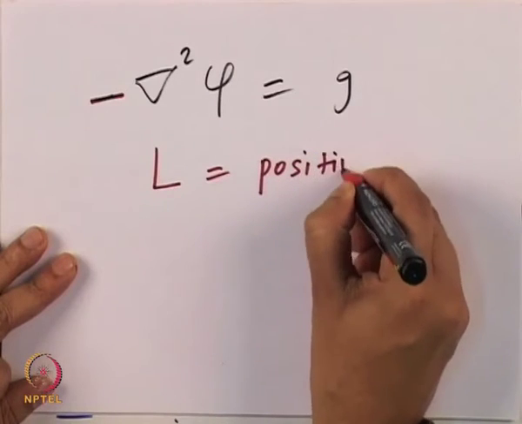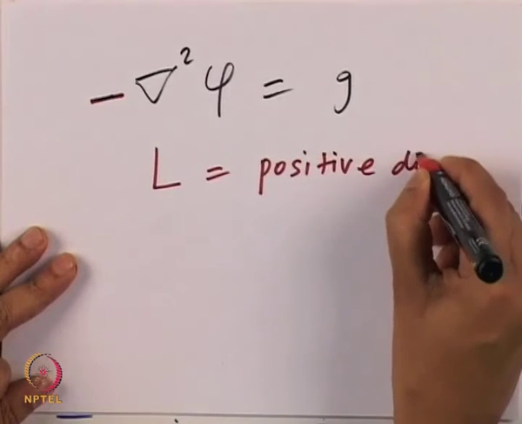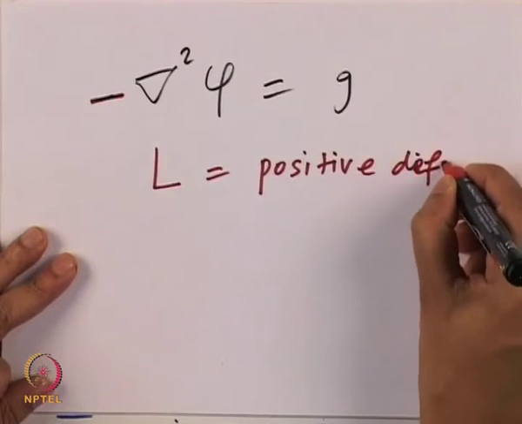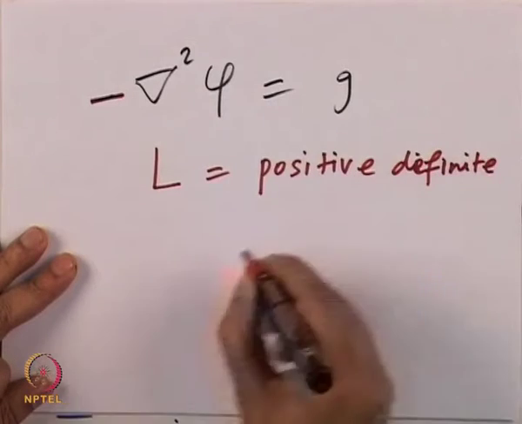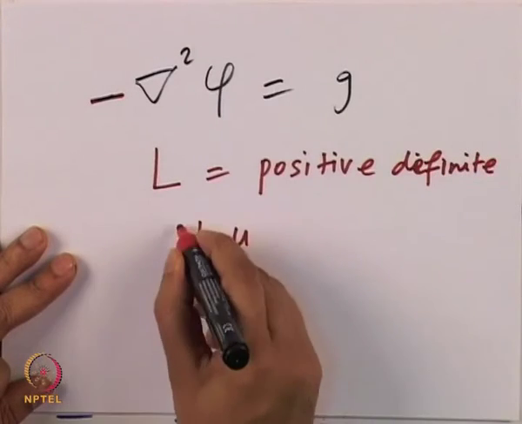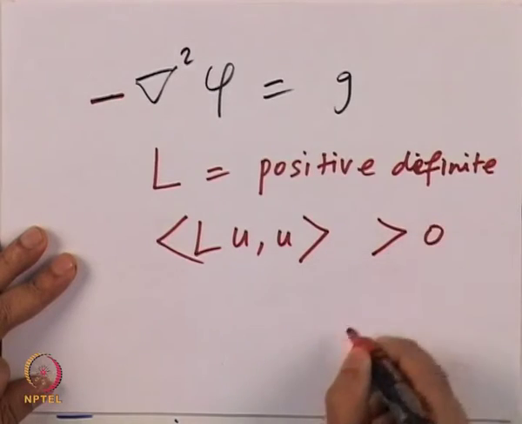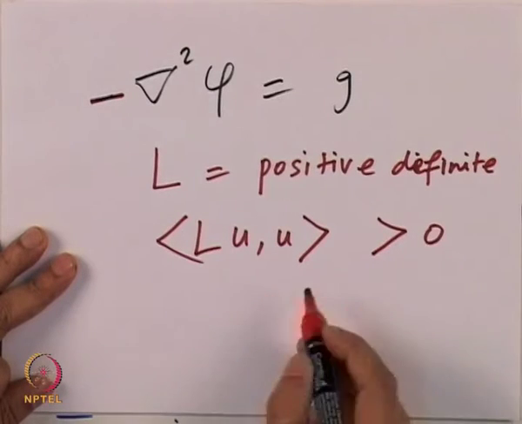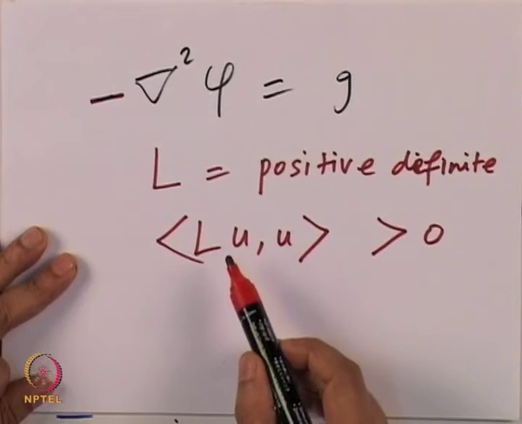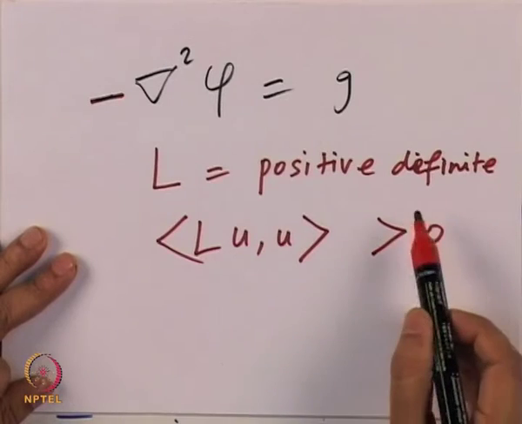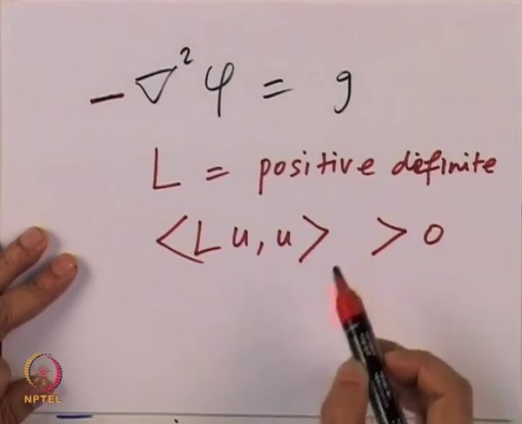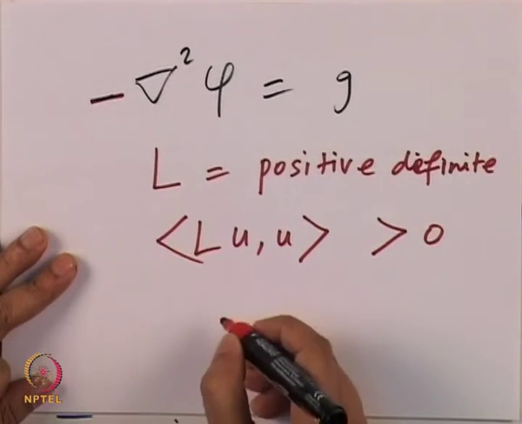If the operator L is positive definite, then when we operate with the operator and take the inner product, we get a value that is more than 0. That's the definition of the operator being positive definite, and if the operator is positive definite, the solution to this particular problem will be unique.